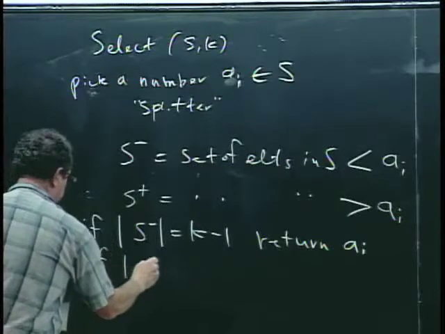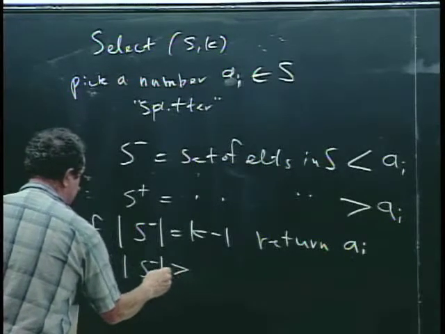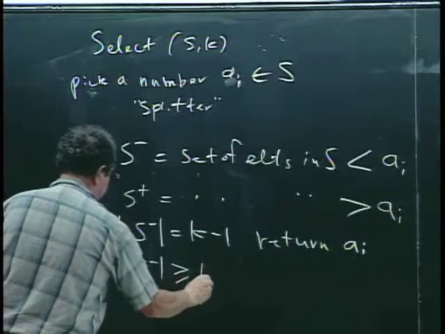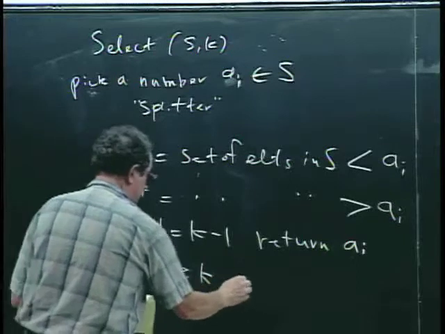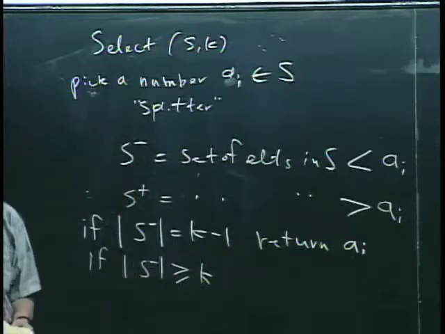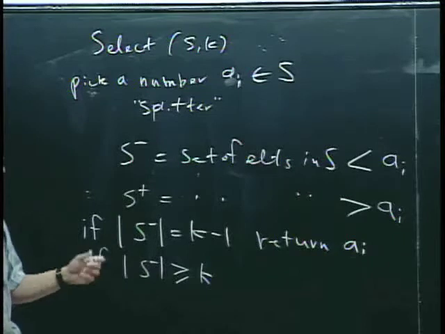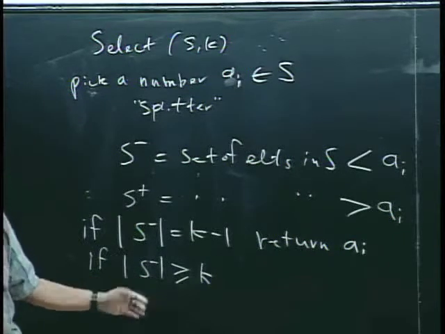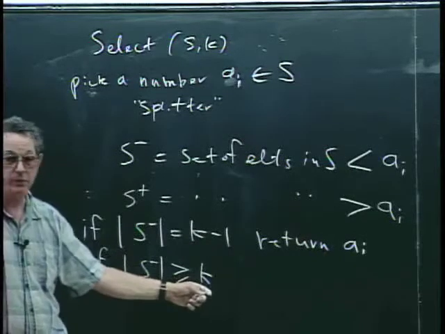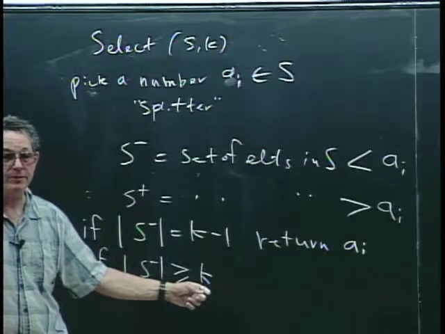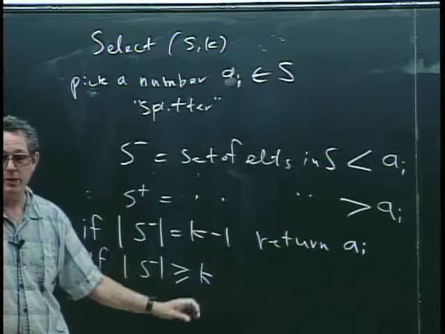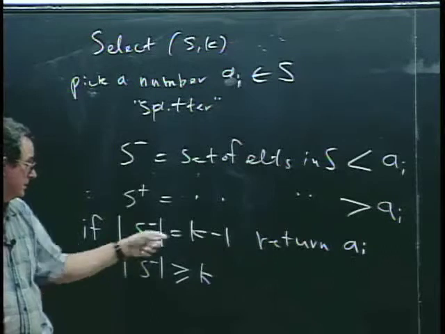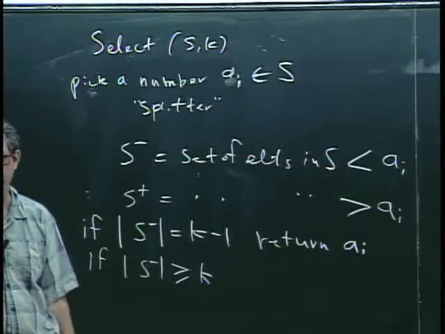If the size of S minus is greater than or equal to k, what should we do? The number of elements strictly less than a_i is greater than or equal to k. We're looking for the kth smallest element. Where is it? It's not a_i, because the previous case would have to occur for it to be a_i.